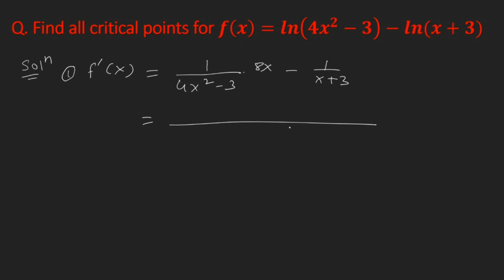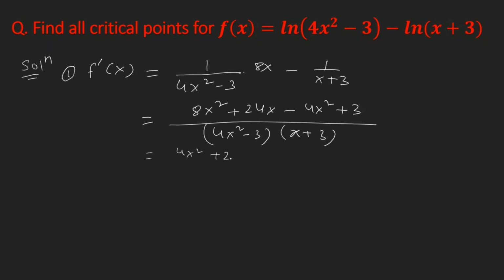So this is equal to 8x(x plus 3) minus (4x square minus 3) over (4x square minus 3)(x plus 3), which is 4x square plus 24x plus 3 over (4x square minus 3)(x plus 3).